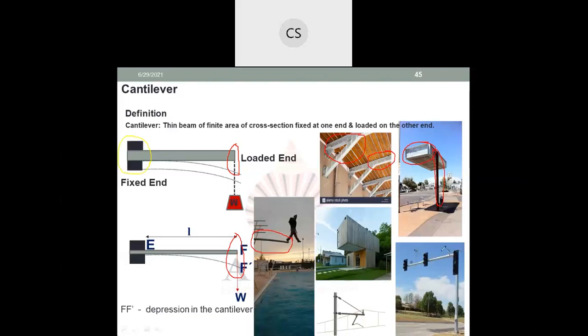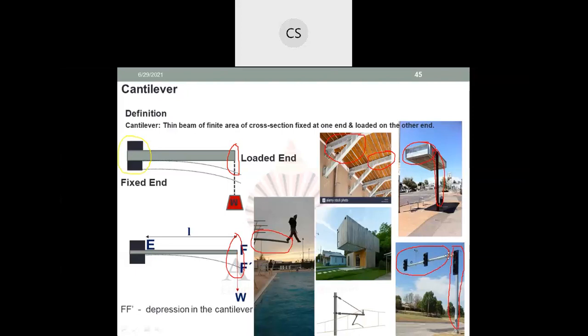In the same way you can see the signal light post. It is attached to a pillar. So this is again a cantilever.